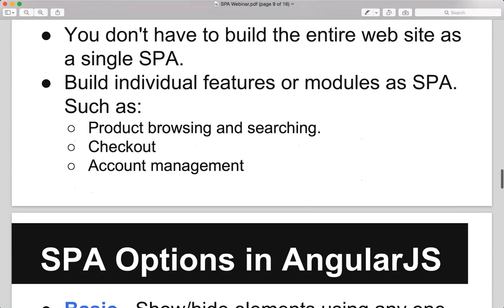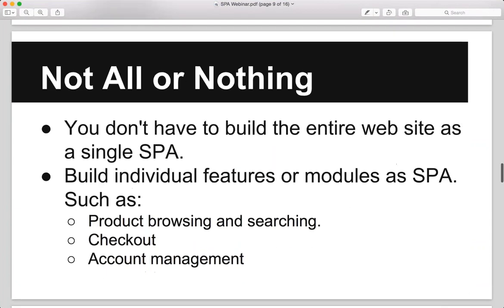So finally, before I get into AngularJS, I would like to point out that it's not an all or nothing proposition. That means the entire website does not have to be an SPA. So for example, if you're building something like Amazon, the whole website, which is quite huge, does not have to be implemented using a single page application, because that'll be truly challenging and the benefits are minimal trying to do something like that.